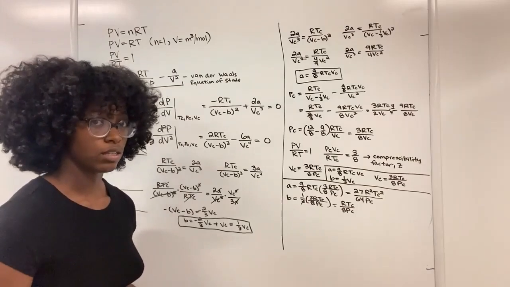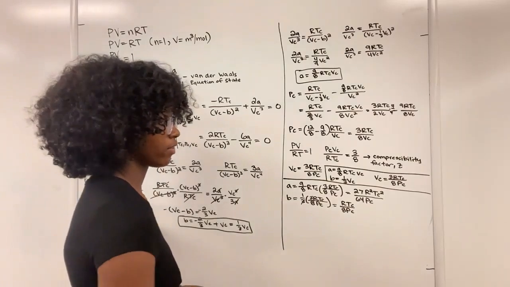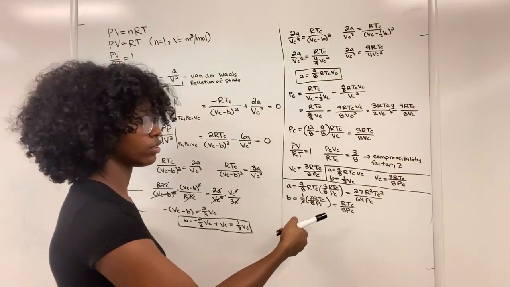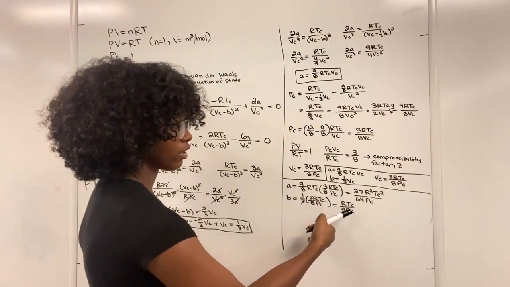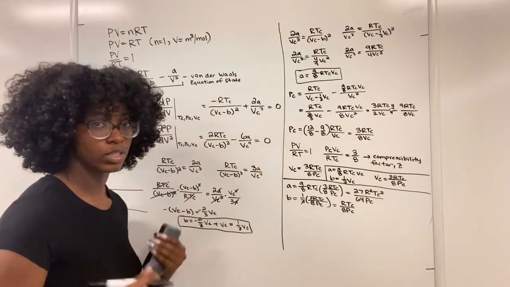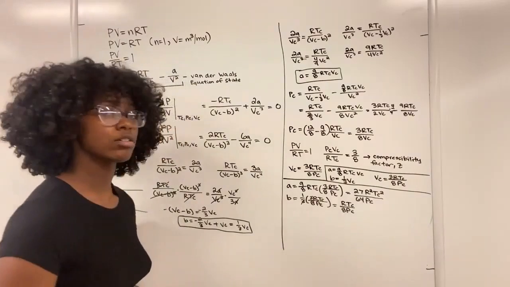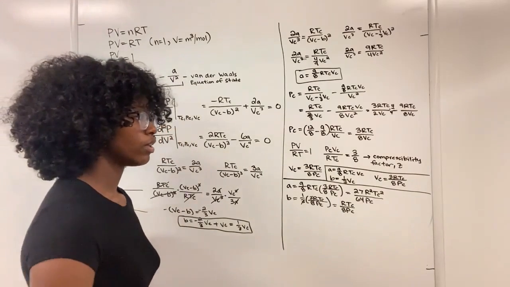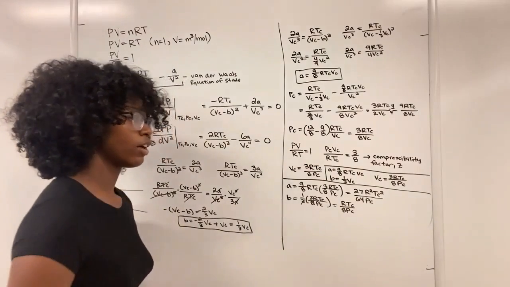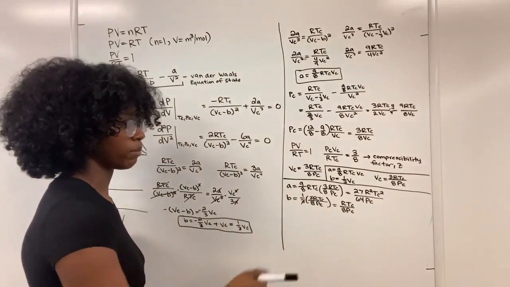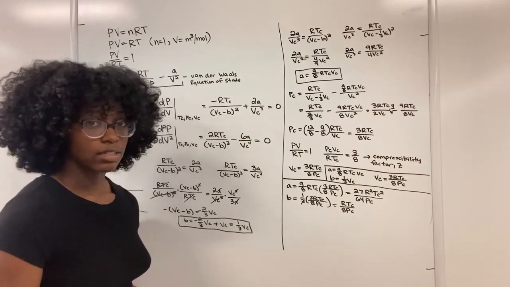And so, knowing that this is what our A and B terms are, we no longer have the critical volume, which we didn't know, but we do have the ideal gas constant, critical temperature, and critical pressure, which we know, and simple numerical values. So if we input all of these values into the variables for A and B, we'll basically get numbers.